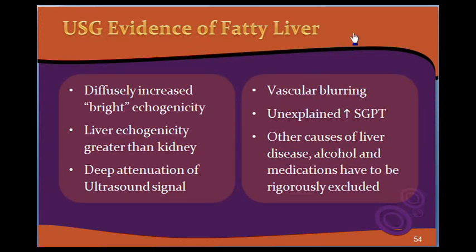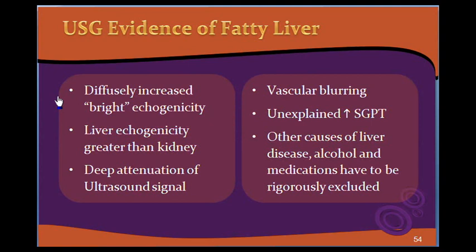Coming to the imaging studies of liver, ultrasonography of the abdomen is the common imaging modality which can diagnose fatty liver. In the USG, the following features will be seen: diffusely increased bright echogenicity.